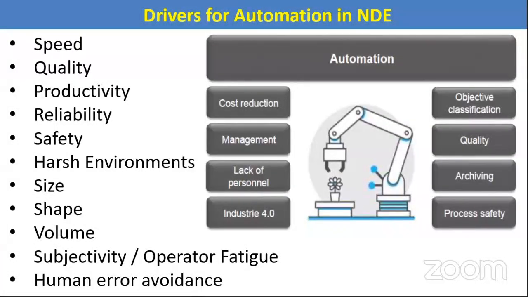So the drivers for automation in NDT are many, and you could pick any industry and you'll see that at least a few of them are relevant. It could be all about speed, quality, productivity. Sometimes it's about size, shape and volume, and of course a lot to do with operators and how they do things.